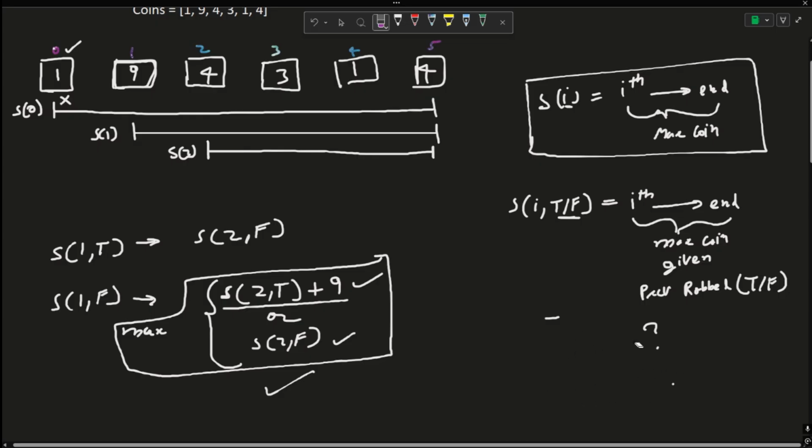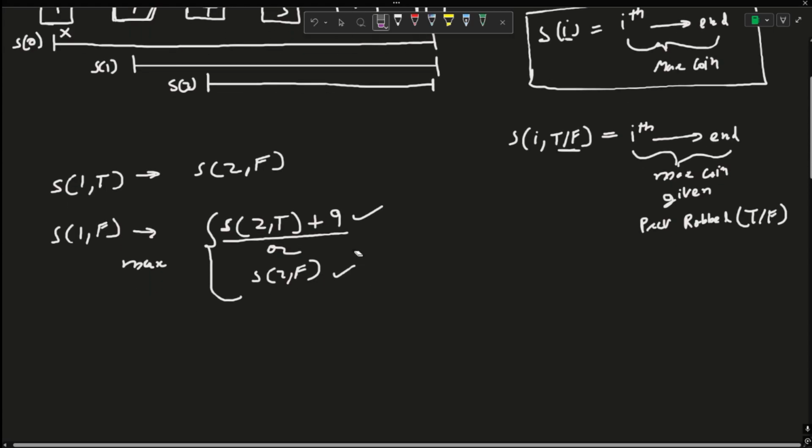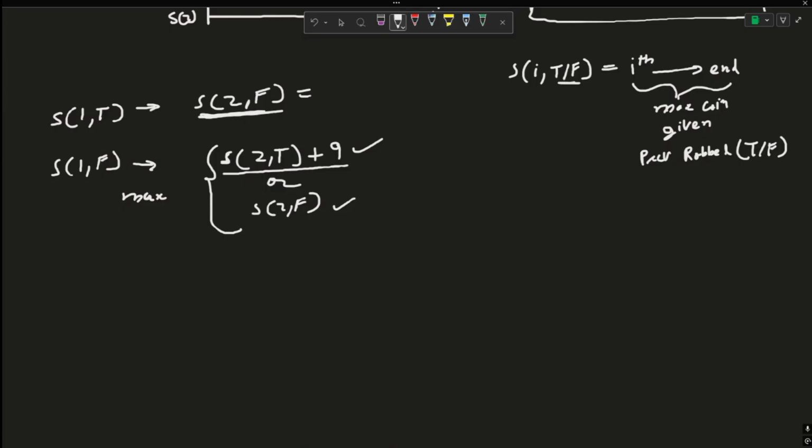So we are getting the answer. So this is our complete state because we have all the information we wanted, and we can calculate for both s1 of f and s1 of t. So let's say this will give us a finite answer, which is x4, and this would also give us a finite answer because s2 of t we can calculate. Maybe it can be x1 plus 9, or s2 of f also.